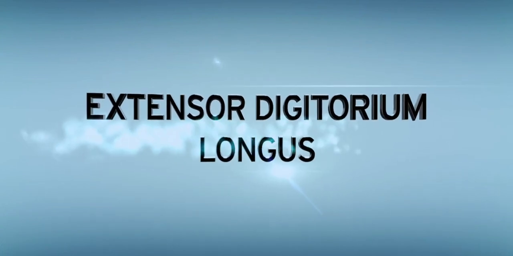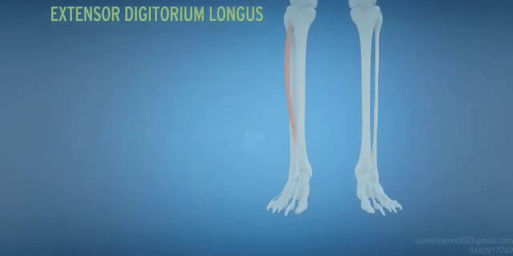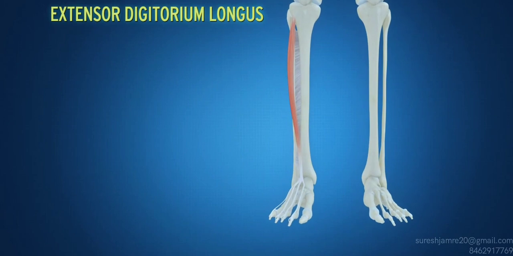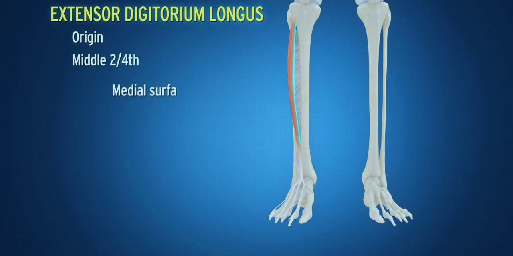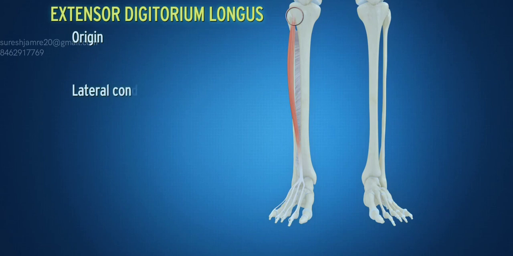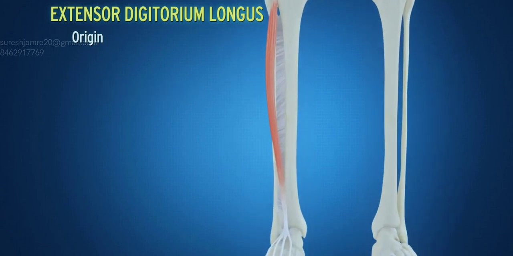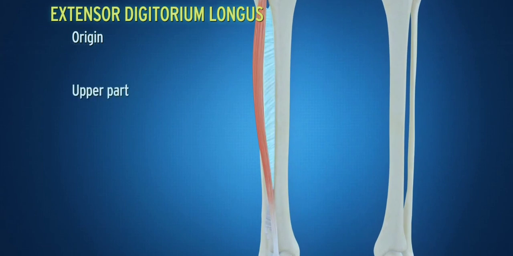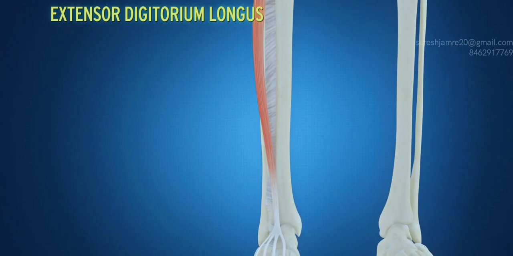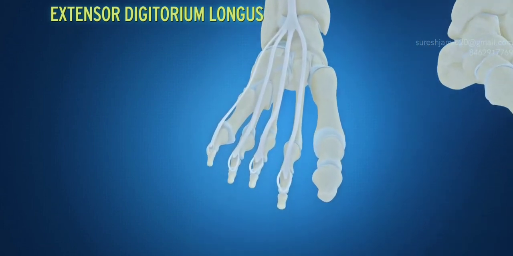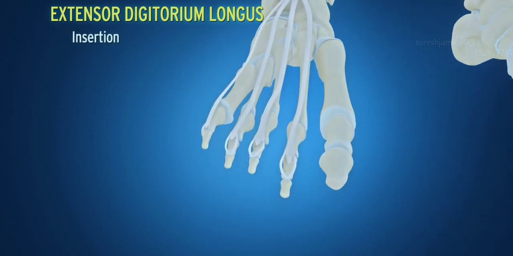Extensor digitorum longus. Origin: from the upper 3/4 of the medial surface of the shaft of the fibula, lateral condyle of tibia, upper part of interosseous membrane. Insertion.